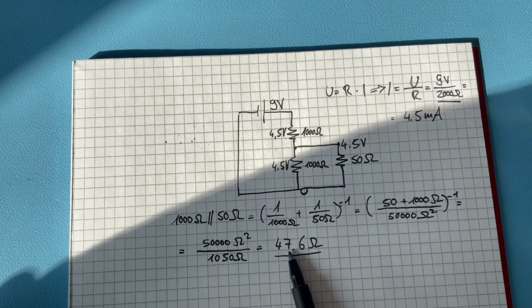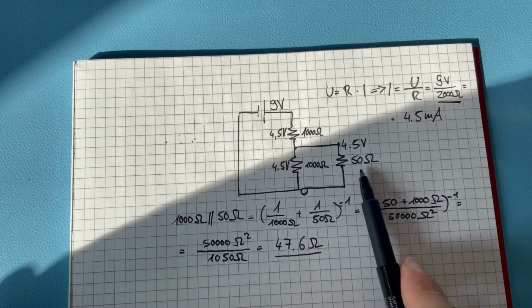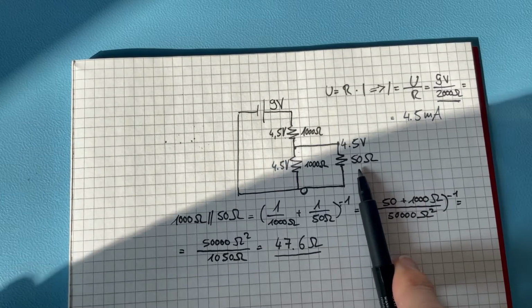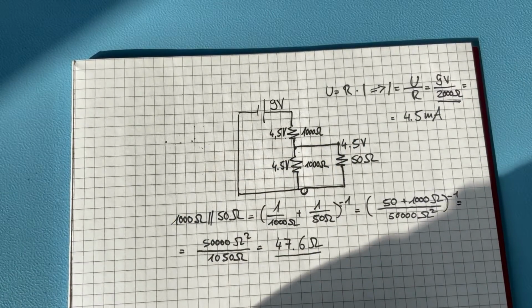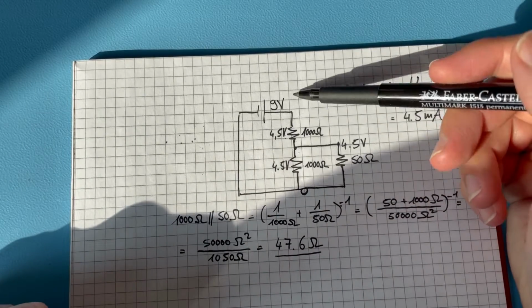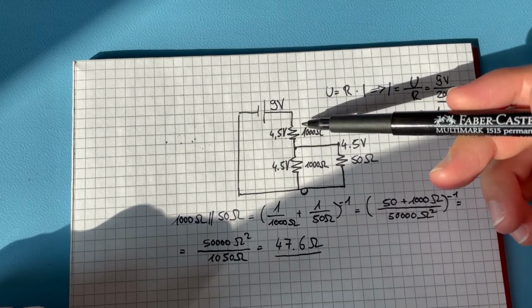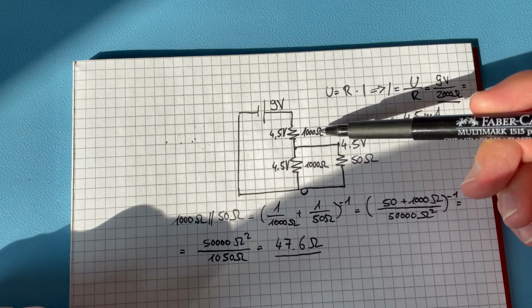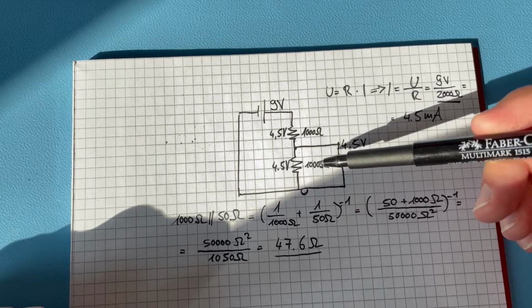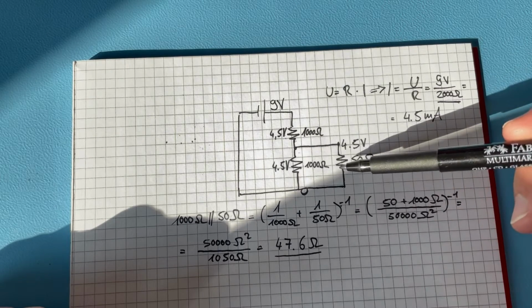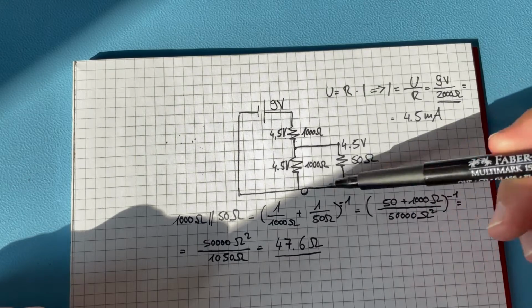So 47.6 is lower than 50 ohm in sum. And so if we now want the current going through this construct here, we have to calculate the current when there are 1000 ohms in series with this 47.6 ohm down here.